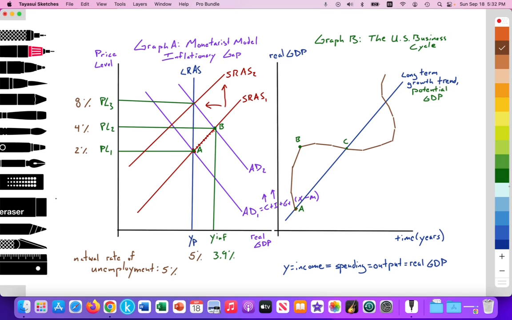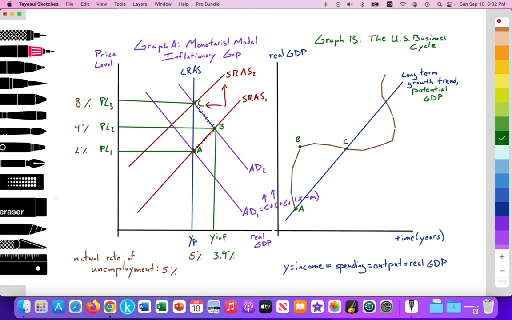The higher output prices will lead to households reducing the quantity of their aggregate demand along the AD2 curve from point B to point C. All right, so now we're on the downward trend of the inflationary gap, and we're going back to full employment.